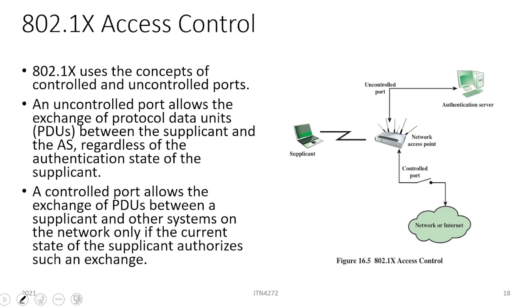Another common access control mechanism that you would come across in networks is what is known as 802.1x access control. This is commonly used when we are using Ethernet or wireless LAN or things like that.